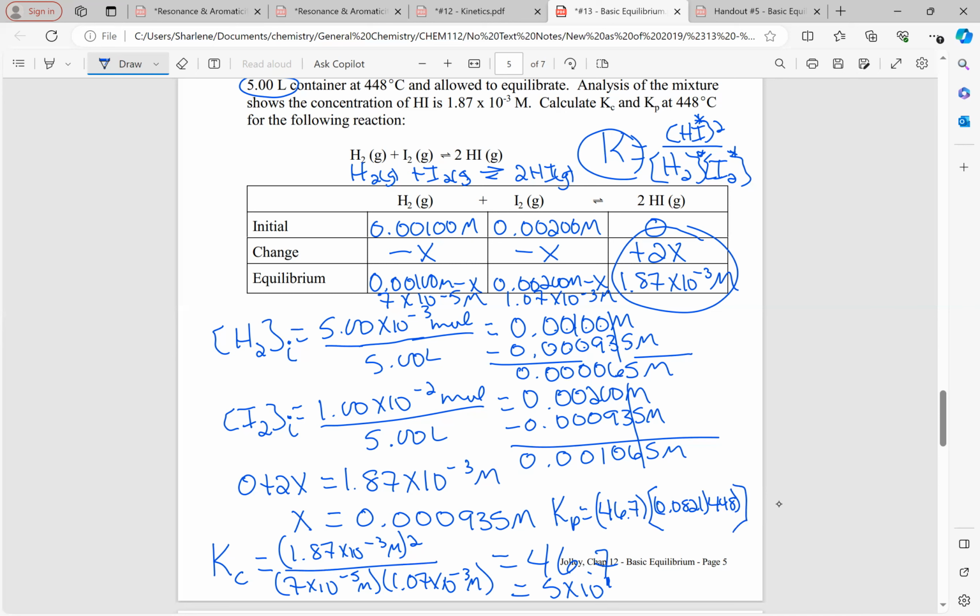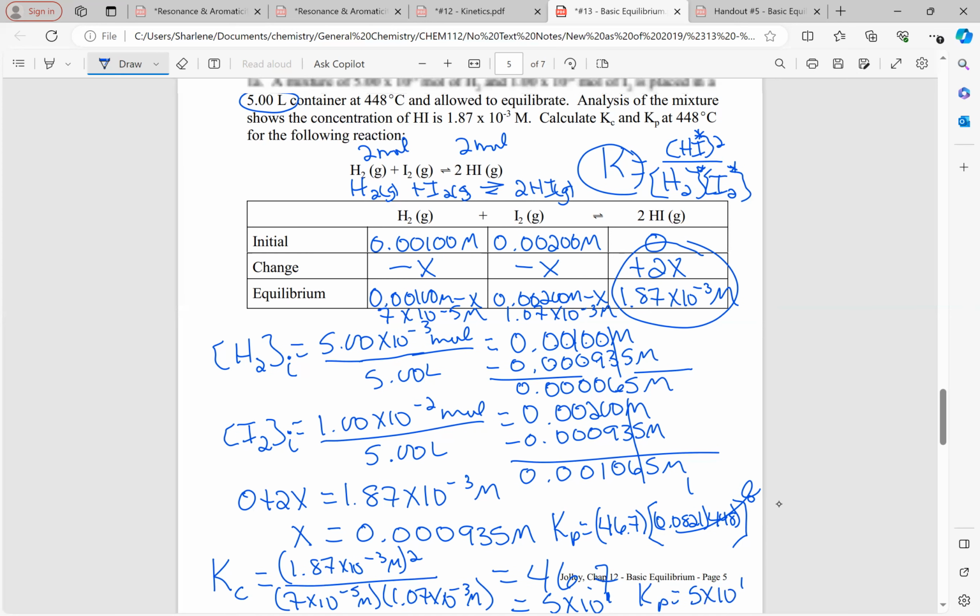So there's 2 moles of gas on the product side, and there's 2 total moles of gas on the reactant side. So in this case, it's 0. That goes away as the big number 1. So in this case, Kp is also 46.7, but you don't get to keep that many sig figs, so it's 5 times 10 to the first.